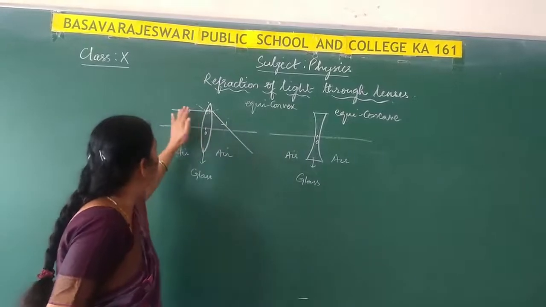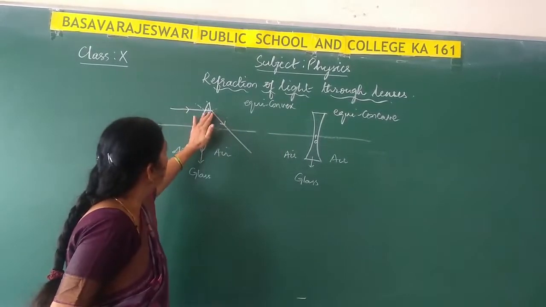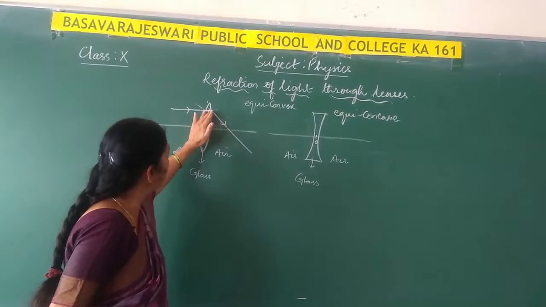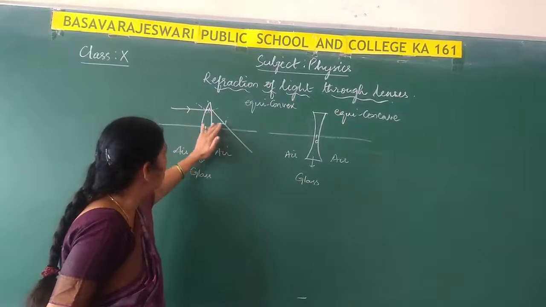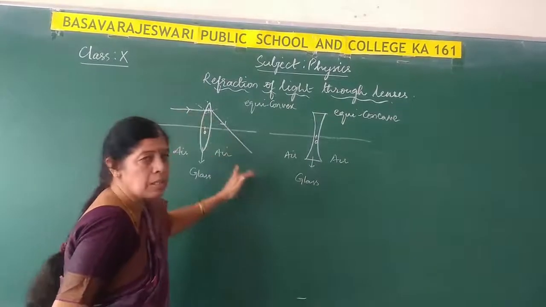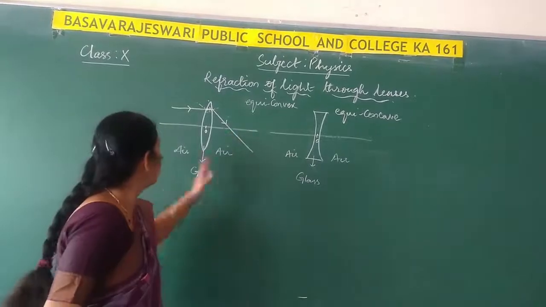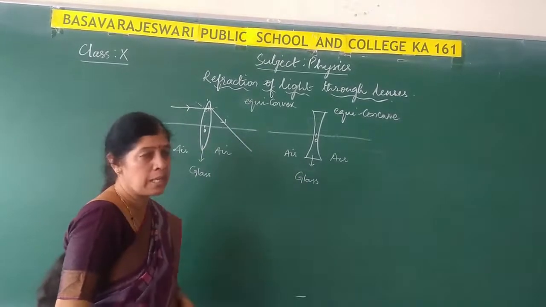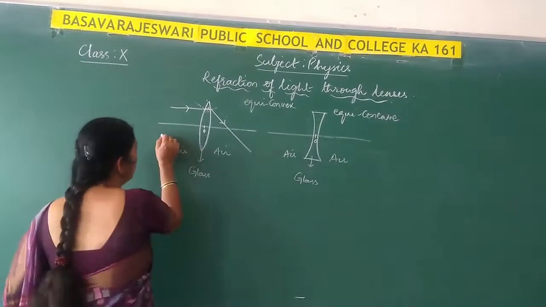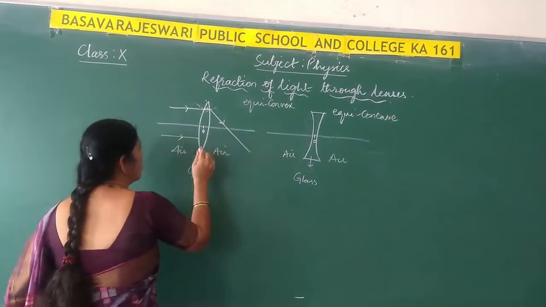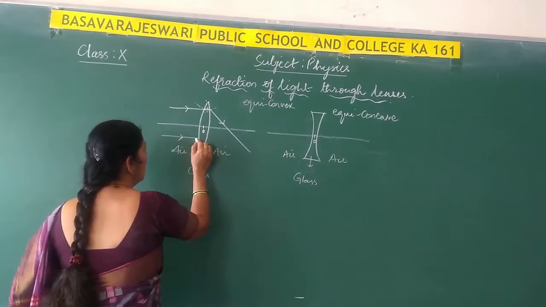Now you can see that the light ray will move away from the normal. It bends away from the normal and travels in the air. Like any other ray you can consider, which is incident on the convex lens. If you consider a ray here also, then also here you should draw the normal, right? And how does it bend?